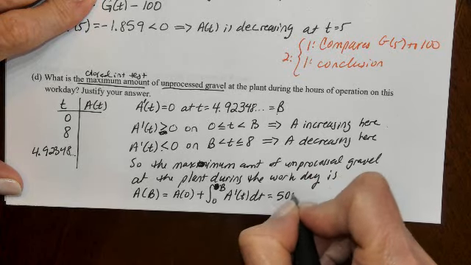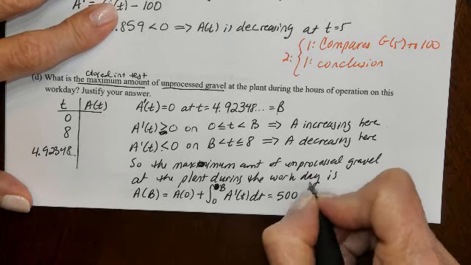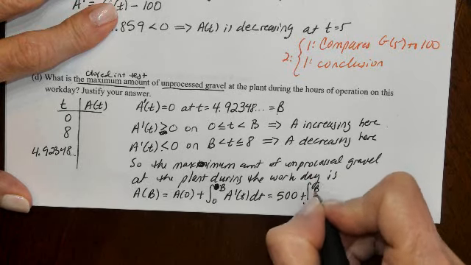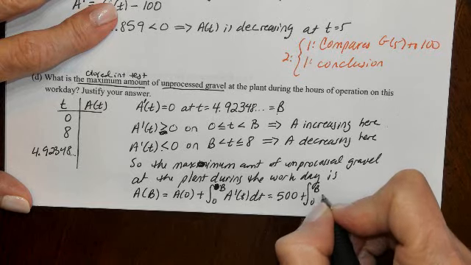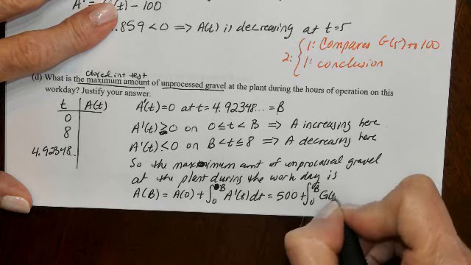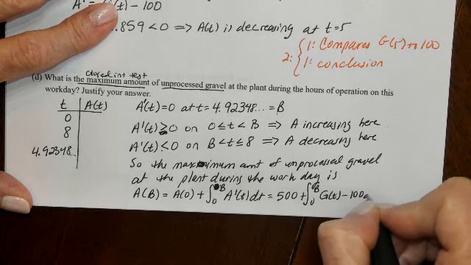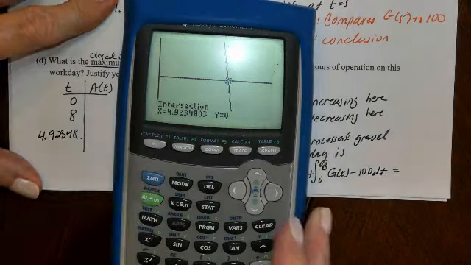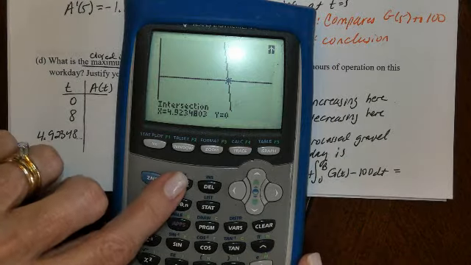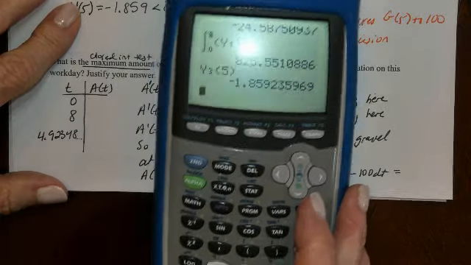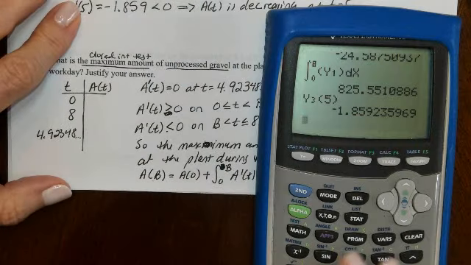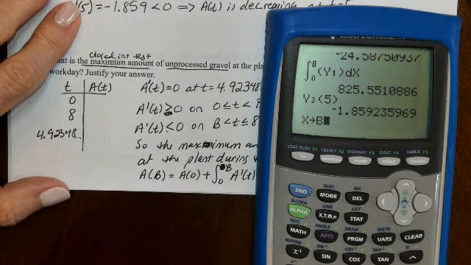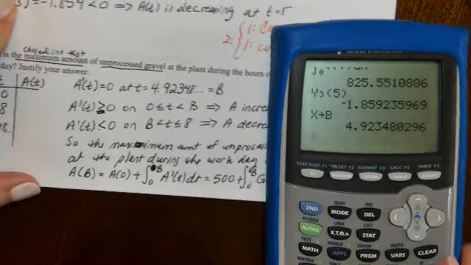So that is 500 plus the integral 0 to B of my rate in minus my rate out. Okay, before I do anything, X store, I'm going to store that in for B, just like my paper says here.